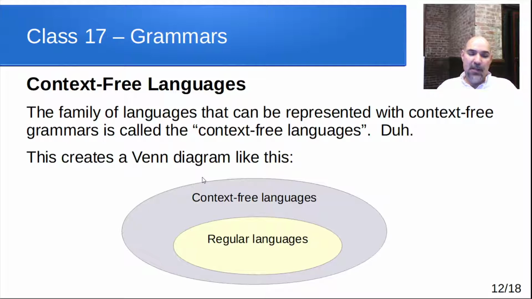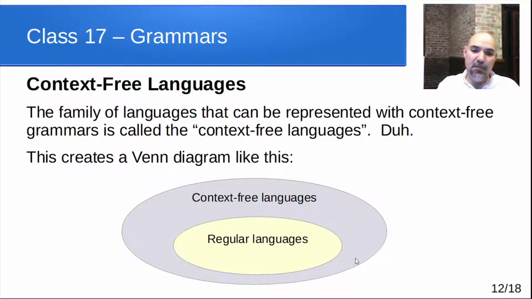Before we do that, though, let's look at the Venn diagram. The family of languages that can be represented with context-free grammars is called the context-free languages. And that's pretty obvious why. Just like the family of regular languages defines things that could be made with a regular expression, all of the possible regular languages, or things that we create with a DFA, would be in here.